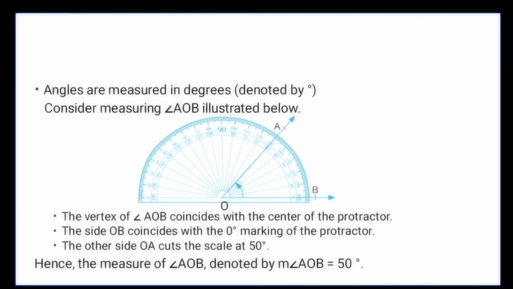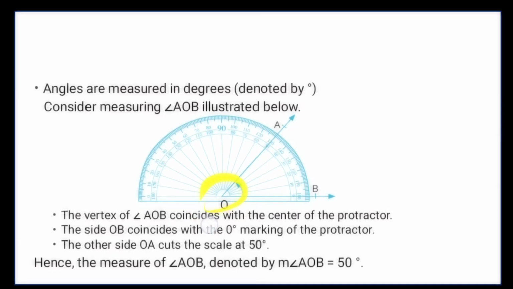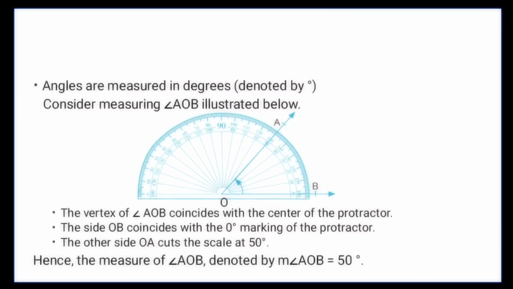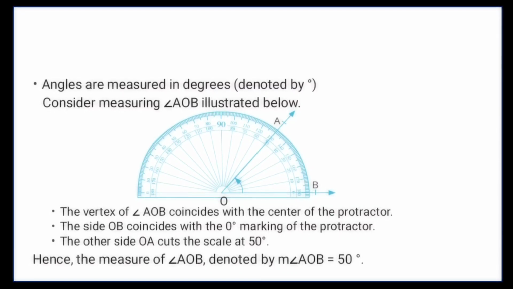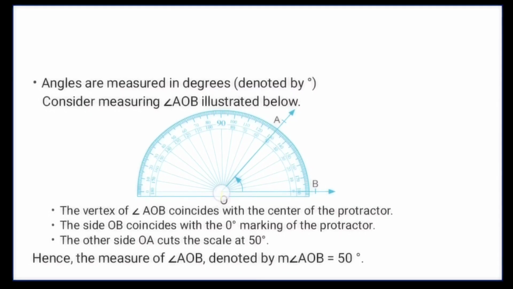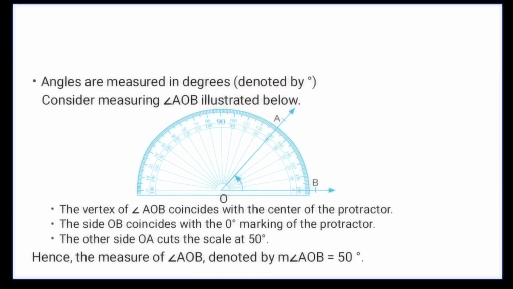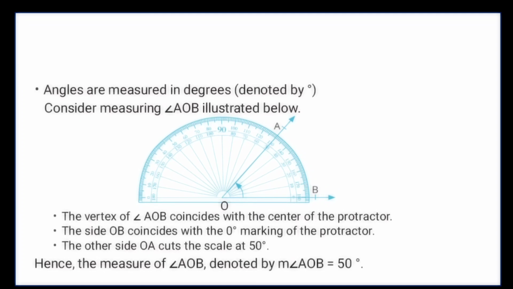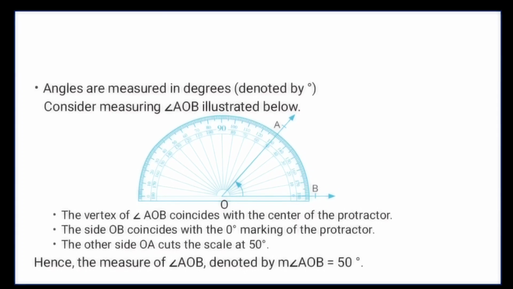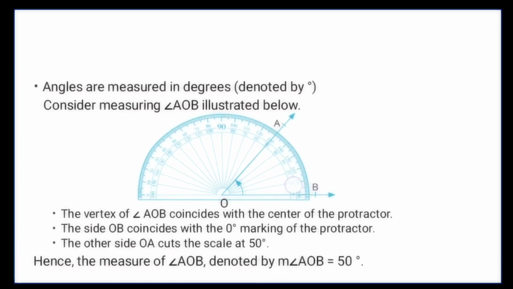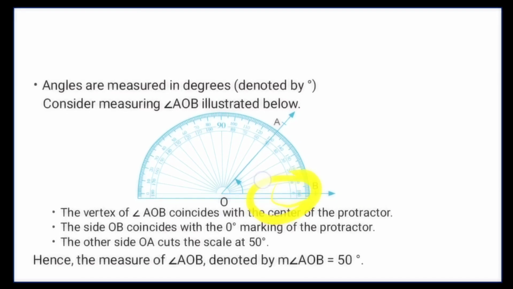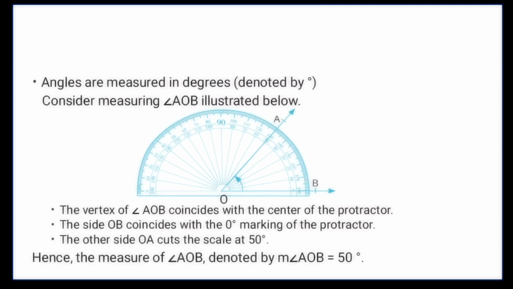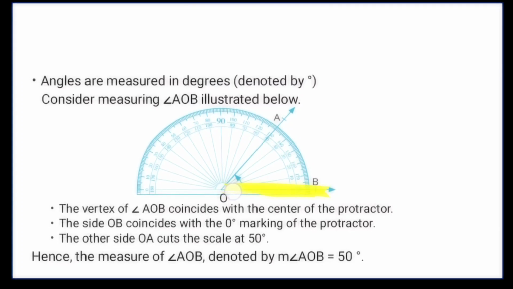So since the vertex is O, we will place the protractor at that point. Then the side OB coincides with the 0 degree marking of the protractor. So as you can see, since this is the 0 degree of the protractor, we will align this side OB.